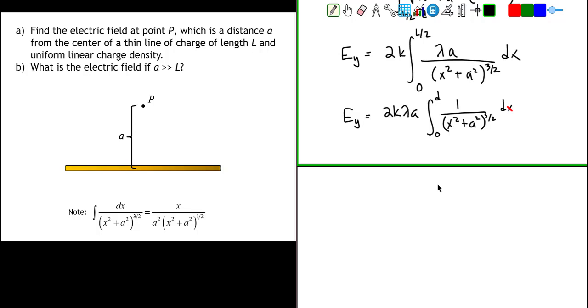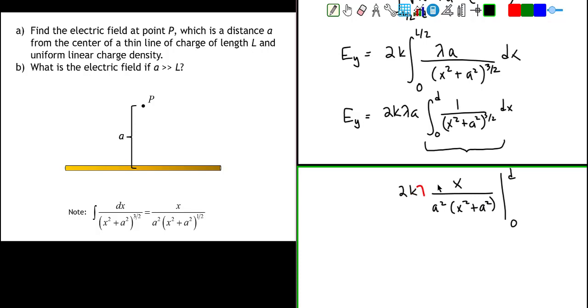So in making use of the integration table, I know that this quantity right there is going to correspond to x over a squared times the square root of x squared plus a squared, from 0 to d. That's the limits of integration. And then we have the 2k lambda a on the outside. Putting in our limits of integration, I'll factor out the 2k lambda a.